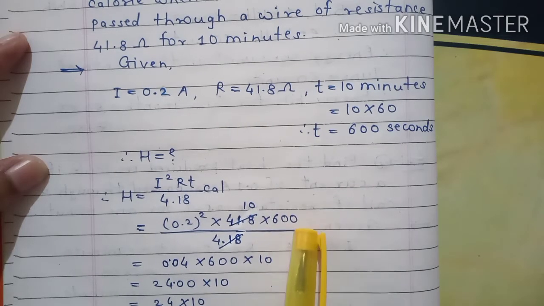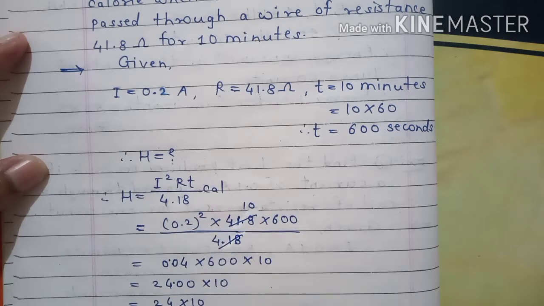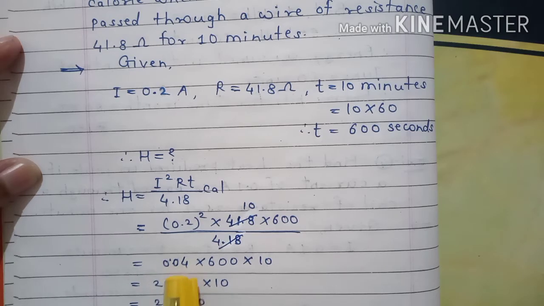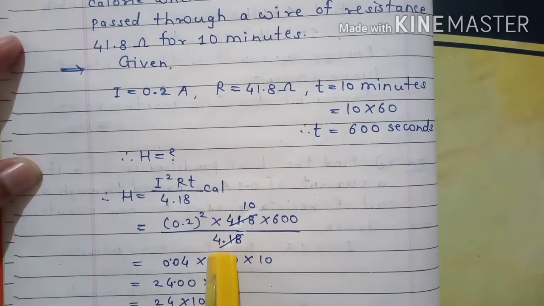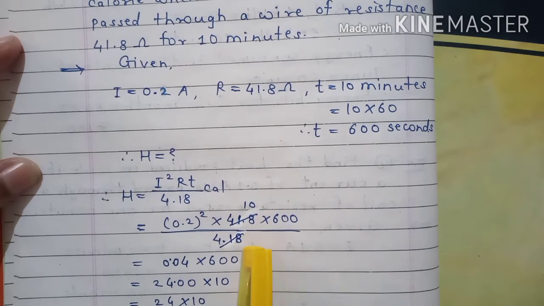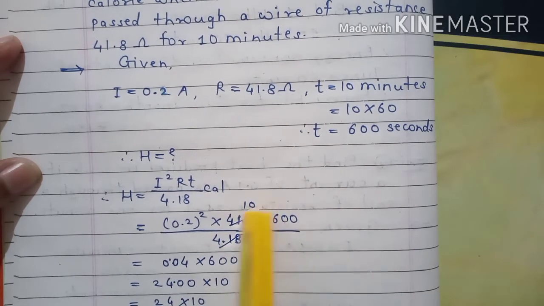So we wrote here 600 upon this 4.18 as it is. Now we will solve this. Now 0.2 square is 0.04. Here in the numerator 41.8 is there, children, and in the denominator 4.18 is there. So we will cancel this. Here 4.18 tens are 41.8, so I directly divide.